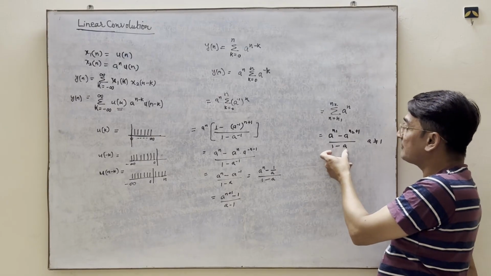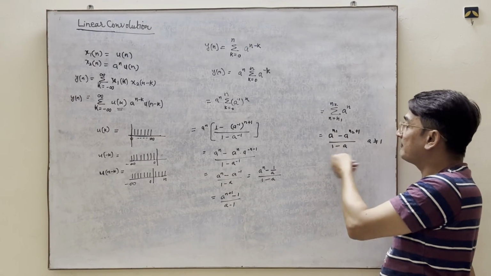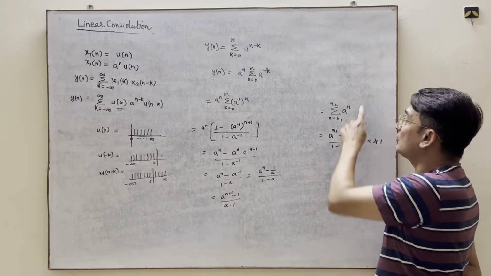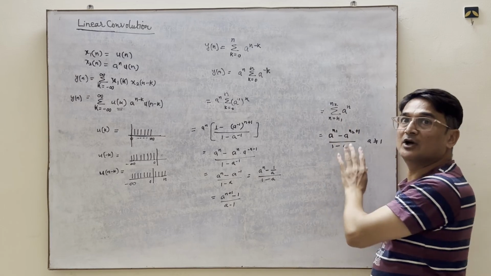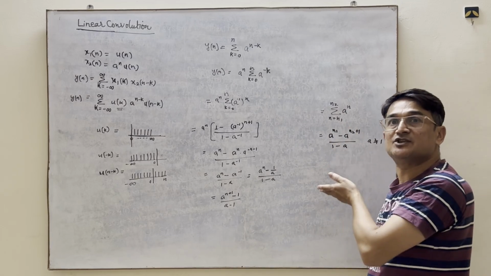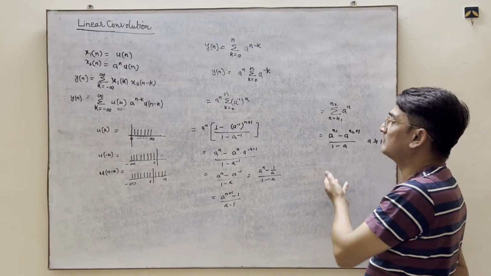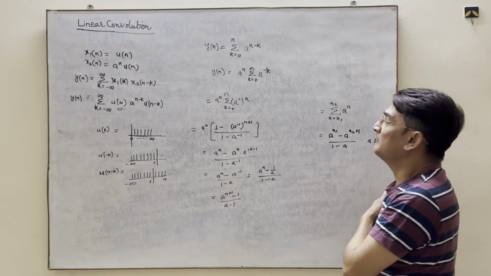Because if a equals 1, 1 minus 1 will become 0, that means it will be infinite. So for the value where a is not equal to 1, this is the mathematical formula for geometrical progression or GP series, which you have studied in class 11th or 12th or maybe in class 10th, I don't remember, wherever.